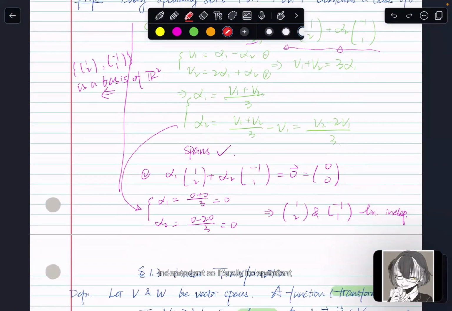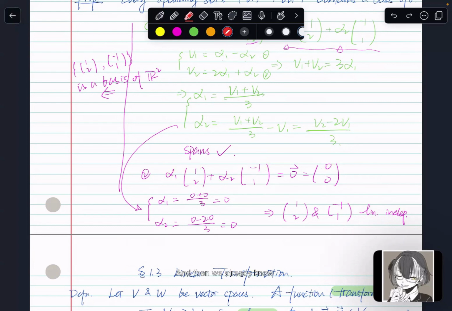Linearly independent means I should be able to find a combination equal to the zero vector, but this combination should be unique, the trivial solution. Similarly, we set the linear combination equal to the zero vector, and we found that alpha 1 minus alpha 2 is 0, and 2 alpha 1 plus alpha 2 is 0.